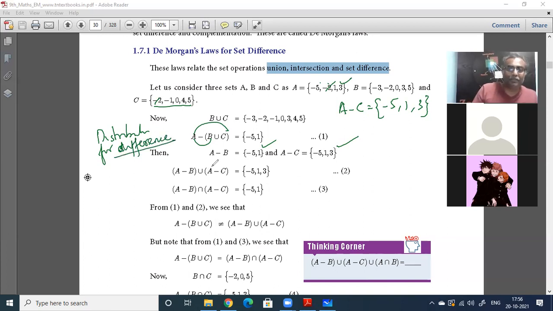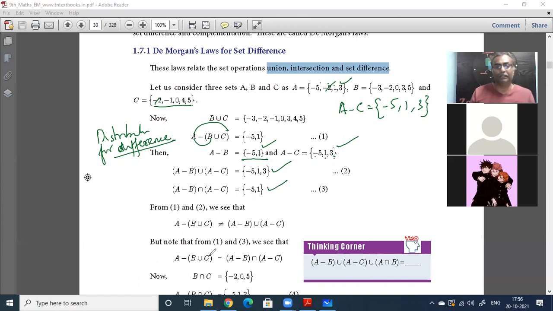So A minus B union A minus C is {-5, 1, 3}. This is the union. That is correct. Then he is telling another law: A minus B intersection A minus C, that will be {-5, 1}.